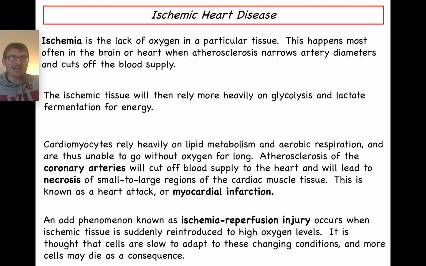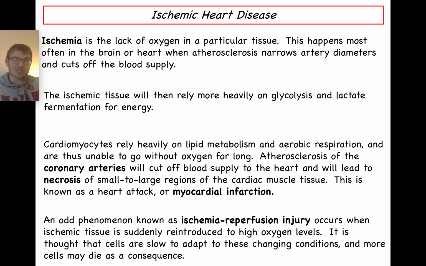So ischemia, like we said, refers to a lack of oxygen in a particular tissue. So that is a huge problem, but at the same time, you want to be careful about suddenly flooding the affected tissue with all the oxygen that they could desire, meaning you want to be careful about how you go about restoring blood flow.